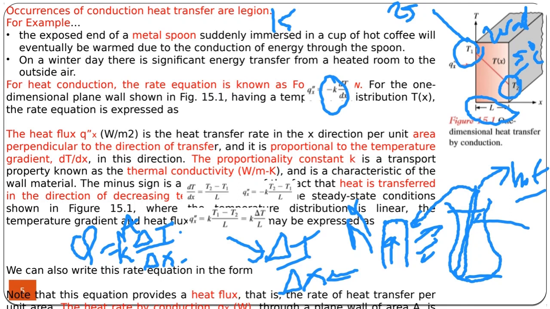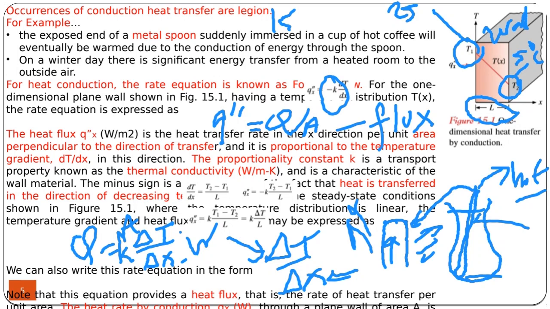So if you write the conduction equation, it is K times A delta T over delta X, which gives you watts, or you can also use Q double prime, which is Q over A. So it's the conduction heat transfer per unit area, and it's called heat flux. Heat flux means heat transfer per unit area. So when you use the heat flux, you don't have an area.